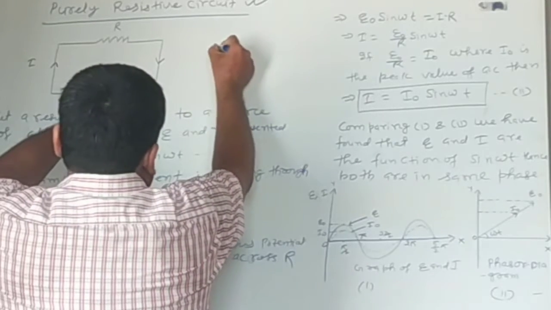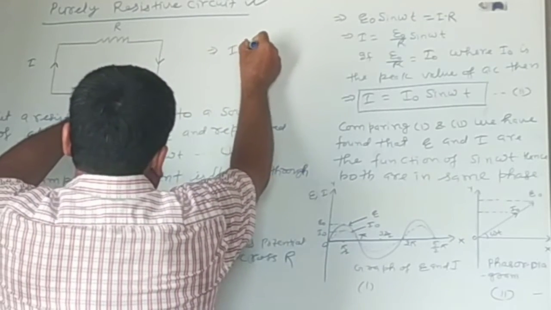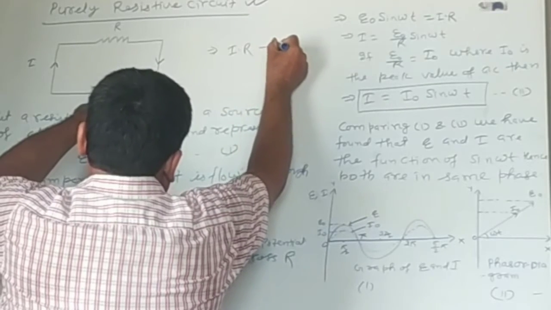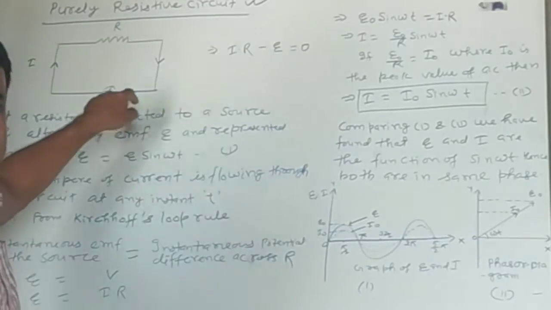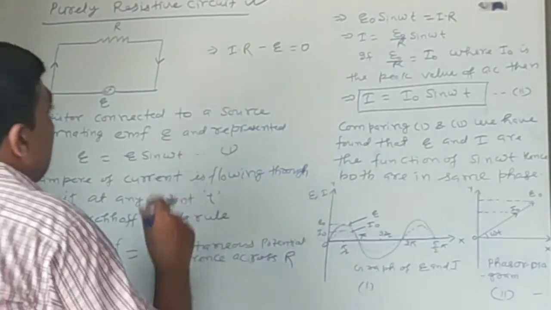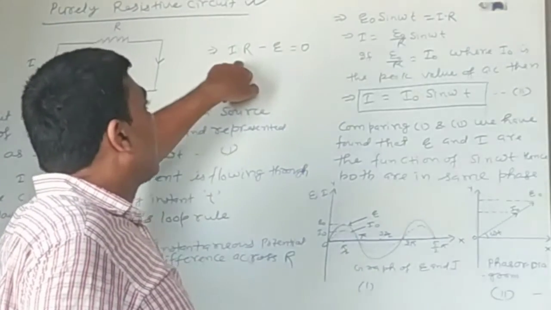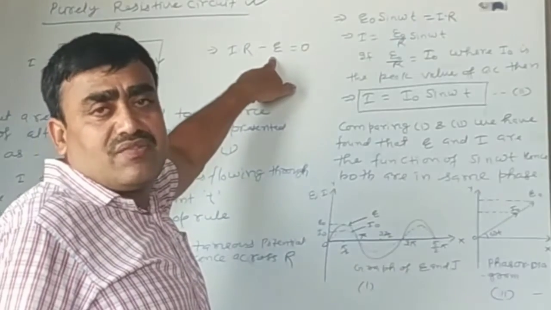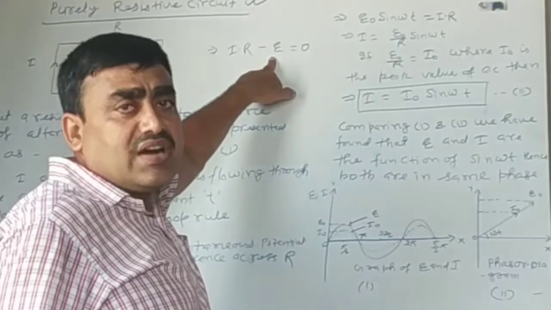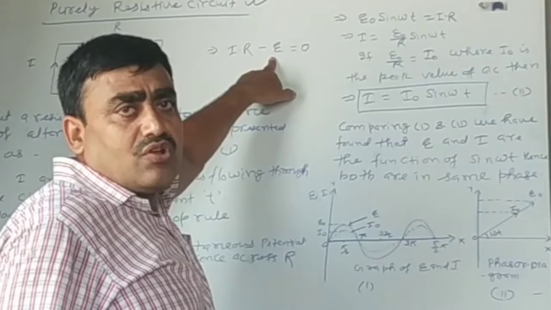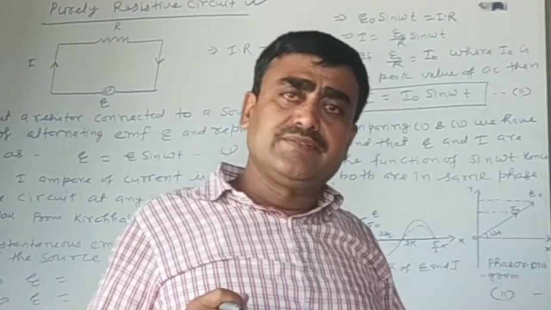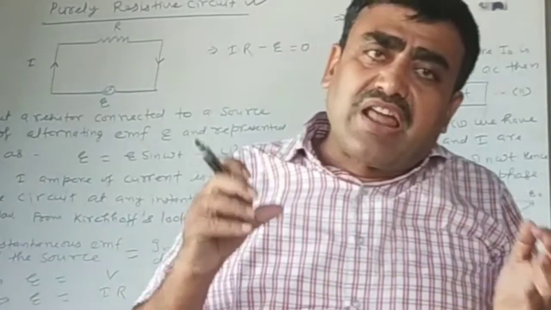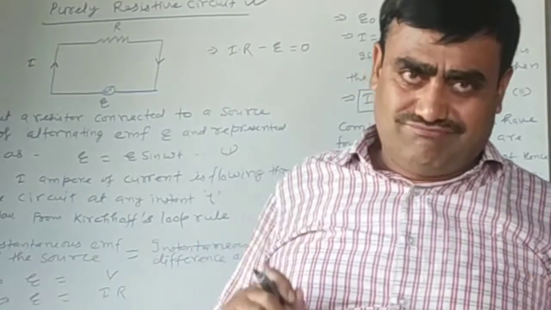That implies I into R minus E is equal to 0, according to the sign convention of current used in closed circuit where we apply Kirchhoff's law.